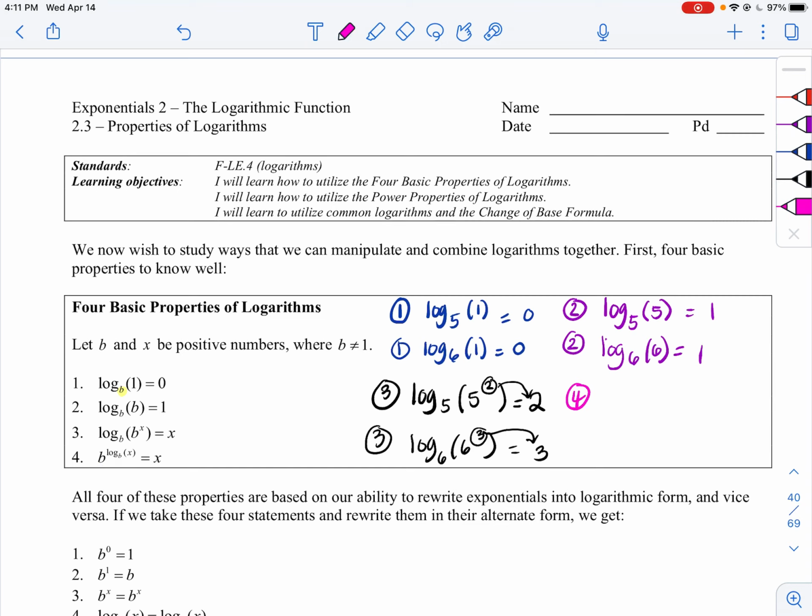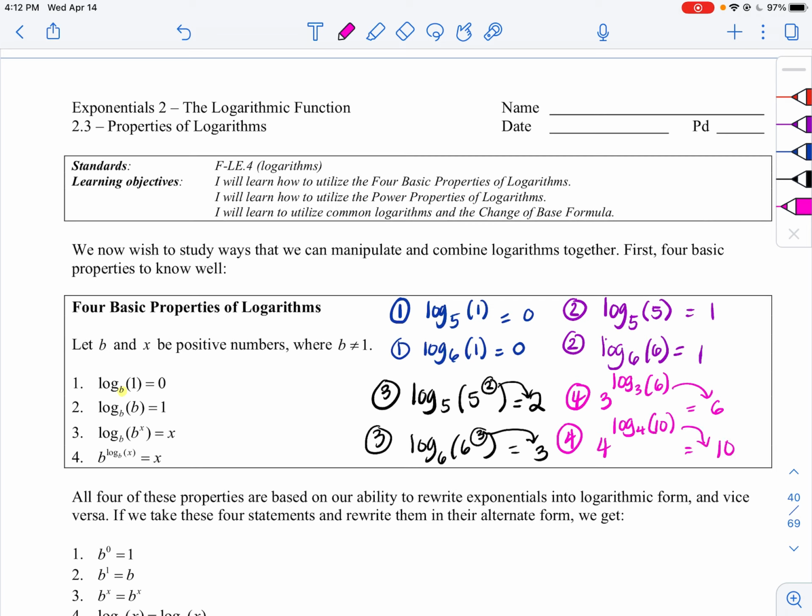So if you have, say, a random number, 3 to the power of log with a base of 3 of 6, the answer is 6. Still property number 4, if you have, say, 4 to the power of log with a base of 4 of, let's say, 10, then the answer is 10.